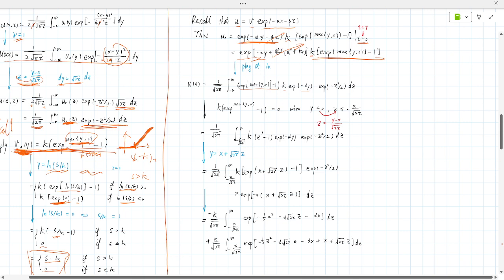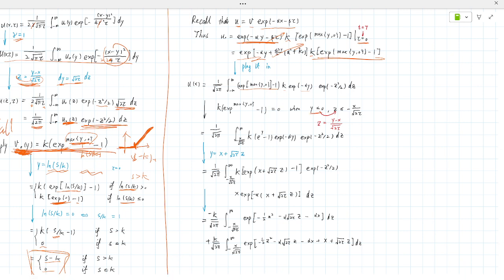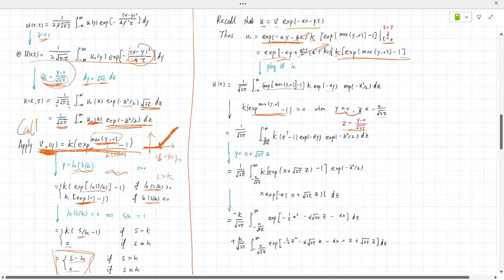Then we know when y less than 0, this is 0. It's nothing. And this can be translated into z less or equal to negative x over square root 2 tau, because of the transformation we had here.